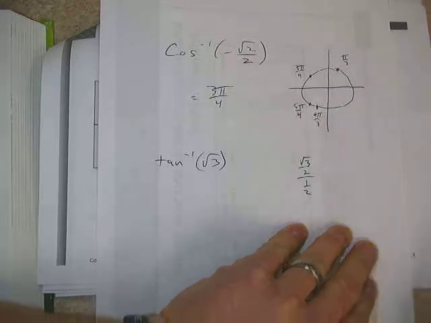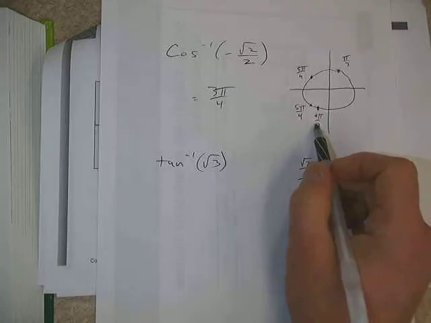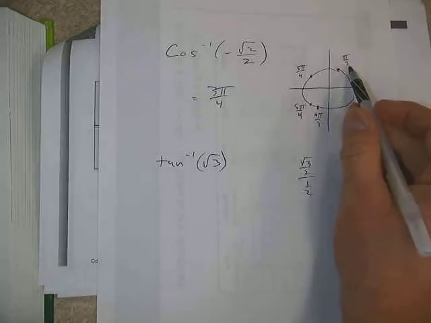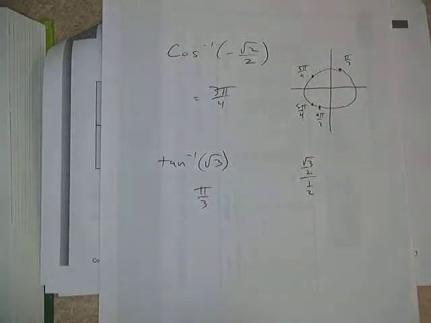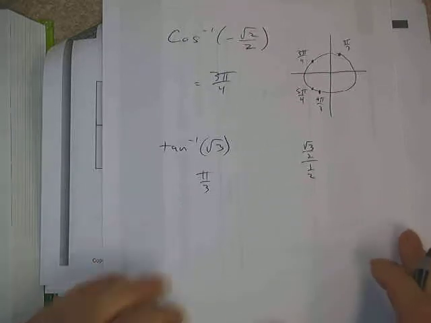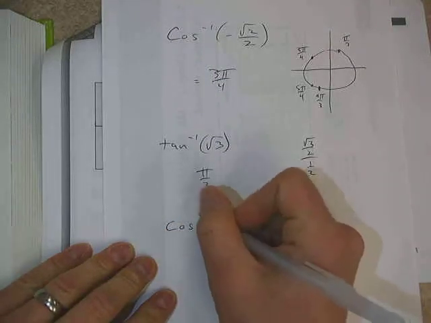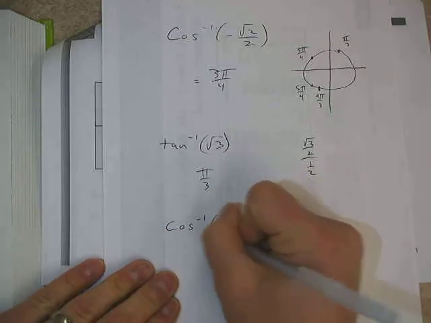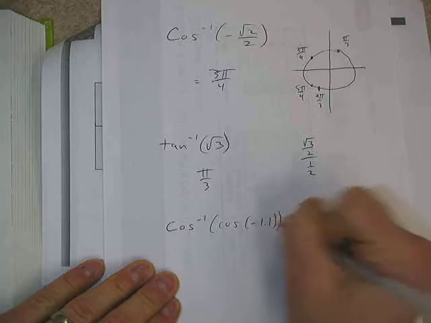And tangent being positive here means that it could be in the third quadrant also, so it could be here at, let's see, what was it, 8 pi over 6 would be 4 pi over 3. Okay. So it's got to be either that one or that one. And remember with tangent, we need to pick the one that's between negative pi over 2 and pi over 2. So it can't be that one. And pi over 3 is between negative pi over 2 and pi over 2. So once we determine the right location, should be a piece of cake, right?